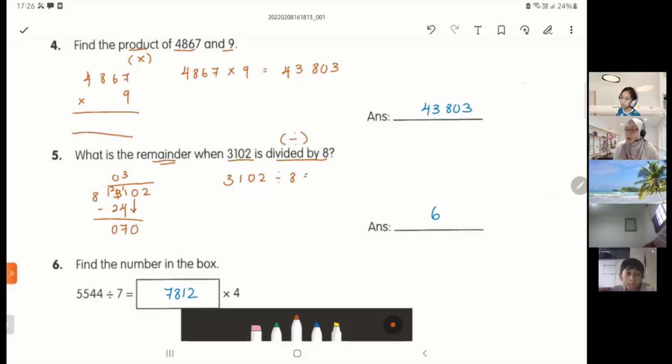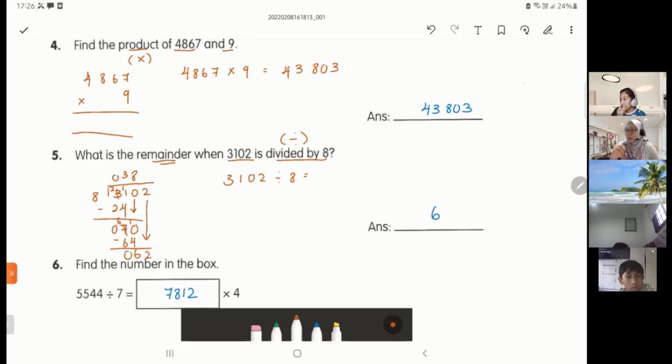When you bring down the 0, you will look at 70 divided by 8. Can 70 be divided by 8? No, right? The nearest will be 64. That's 8. 70 minus 64 is 6. Then you bring down your 2, 62.